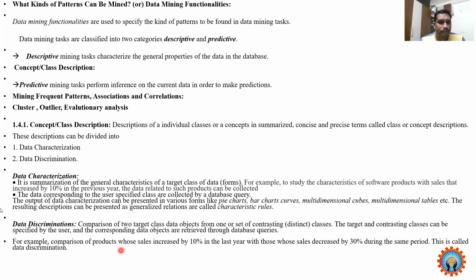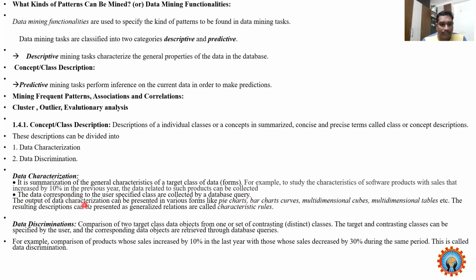See, it is a summarization of general characteristics of a target class of data. For example, to study the characteristics of software products whose sales increased by 10% in the previous year, the data related to such products can be collected. The data corresponding to the user specified class are collected by a database query.